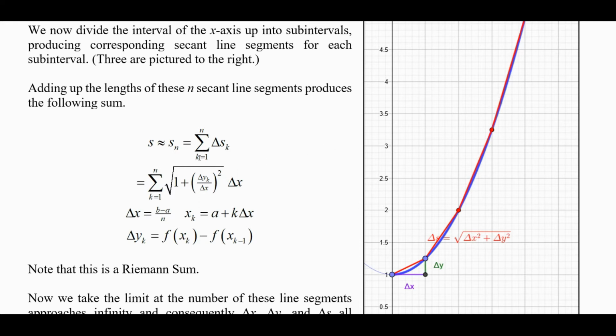So we want to take the delta s sub k's and add them up from k equals 1 to n. In this case, I have 4 subdivisions demonstrated here. It says 3, but there's actually 4.